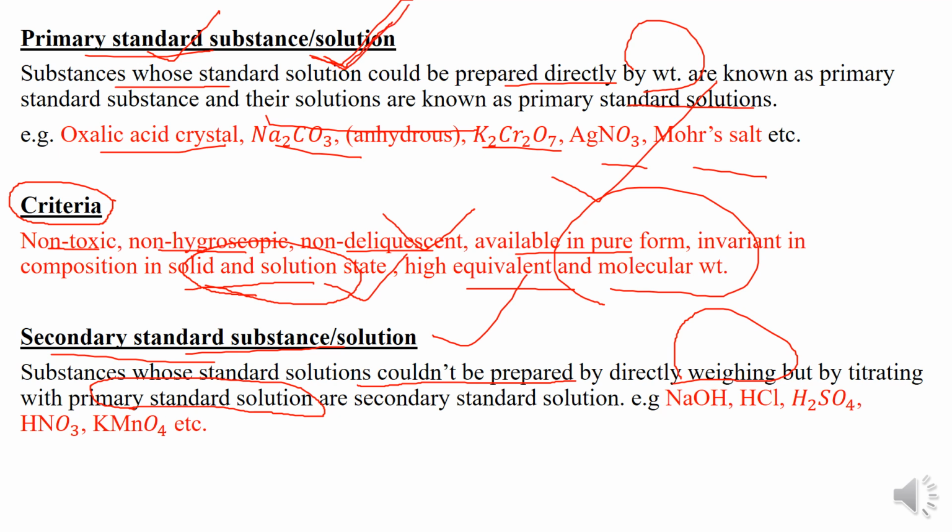Sodium hydroxide, HCl, sulfuric acid, nitric acid, and potassium permanganate are examples of secondary standard substances, and their solutions are known as secondary standard solutions. Remember, the strength of such solutions is calculated using primary standard solutions.